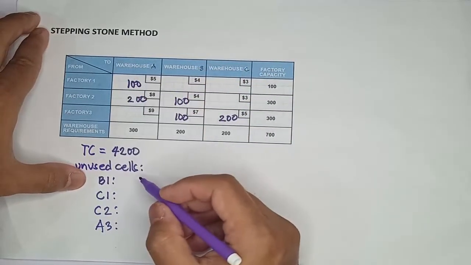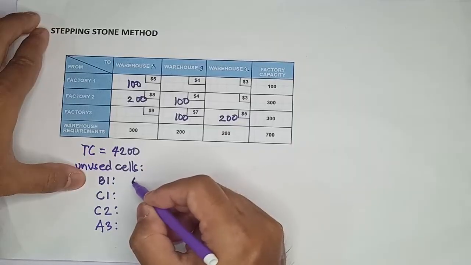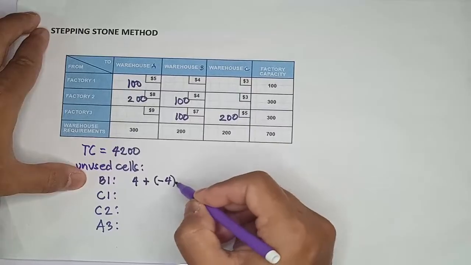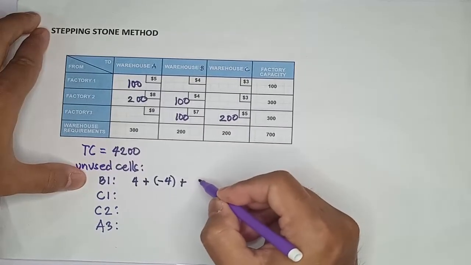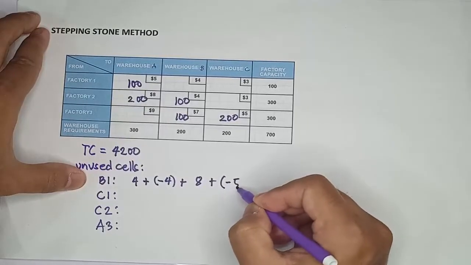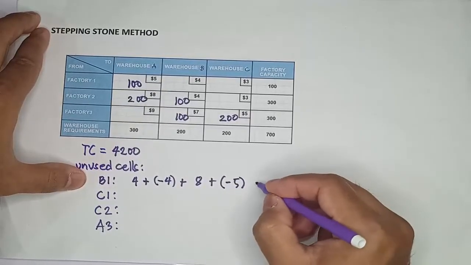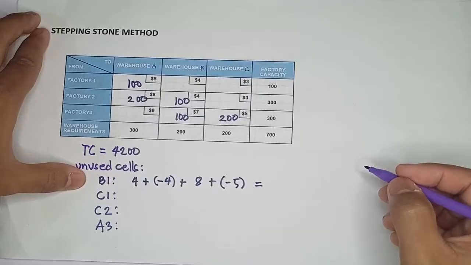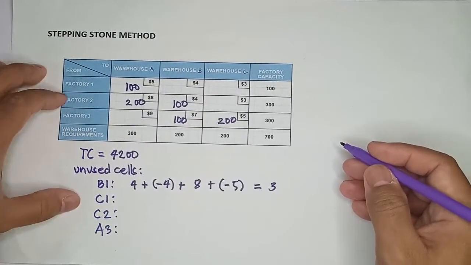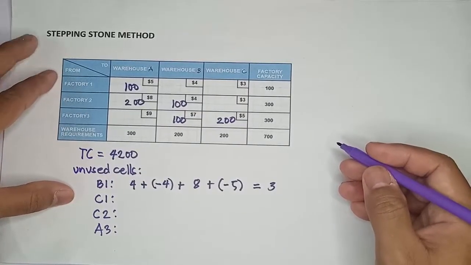Again, for B1, that's 4 plus negative 4 plus positive 8 plus negative 5, which is equal to 3. And we're going to do this to all of the unused cells.